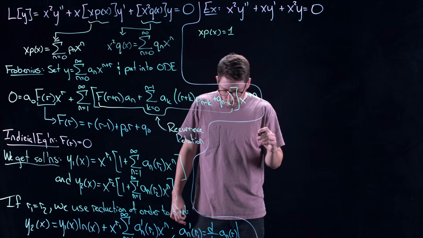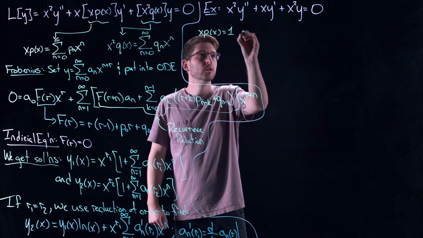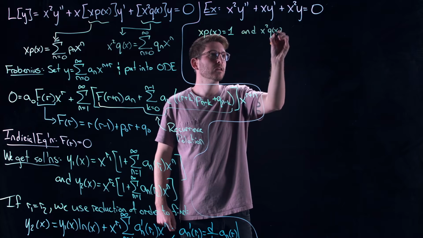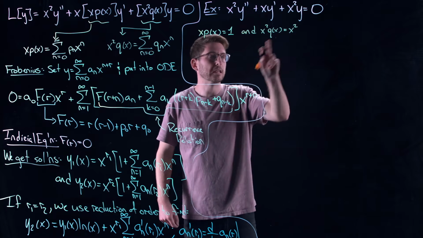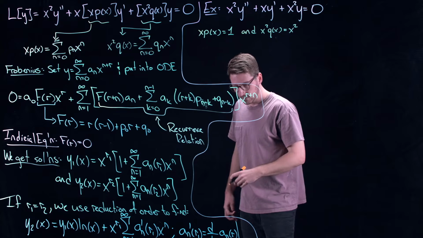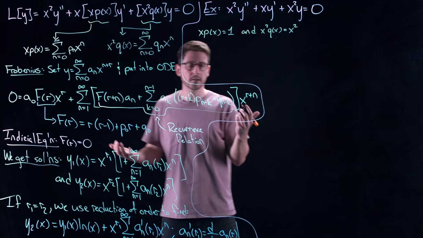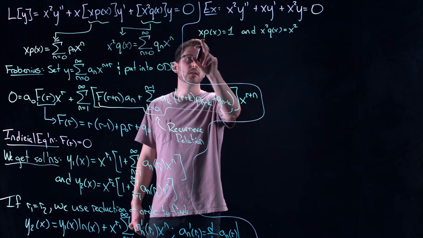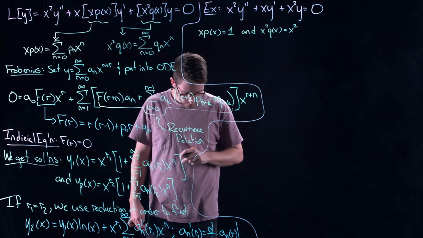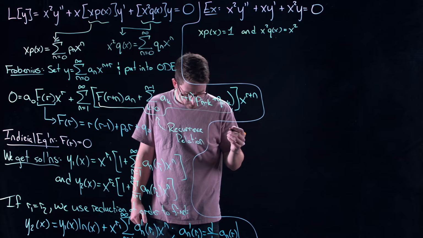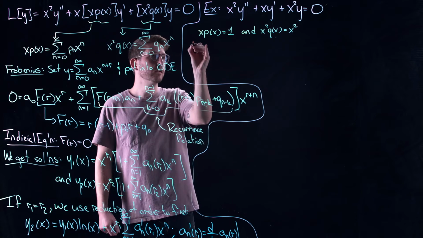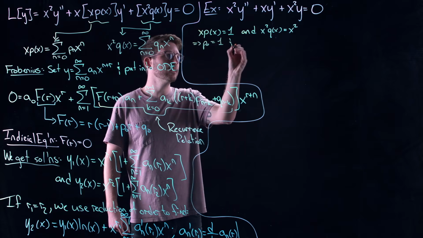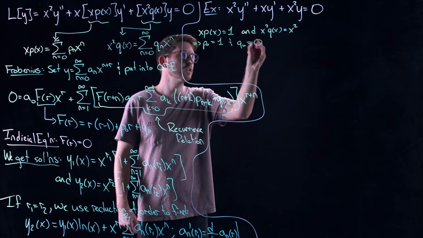And x squared q of x is just equal to x squared. So that tells me q is just equal to 1. So, how bad could this be? Well, the first thing that we know here is if I take the limit as x goes to 0, then I get p0 is equal to 1 and q0 is equal to 0.